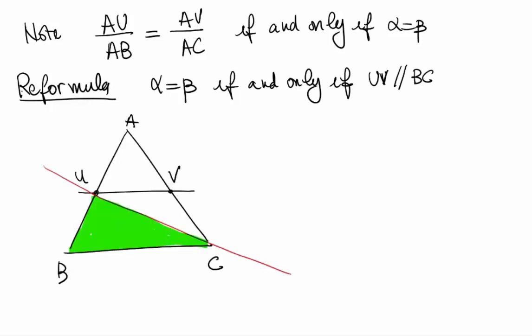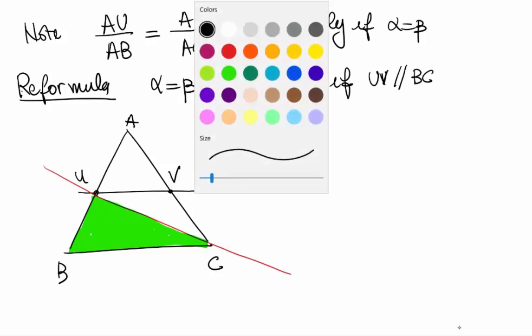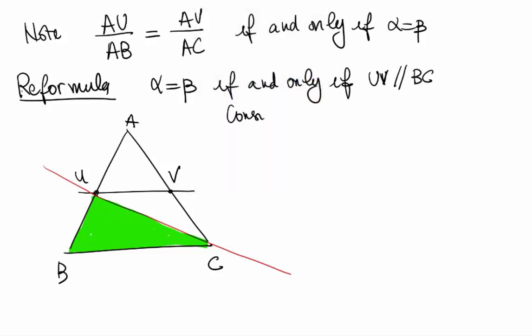Now, in our triangle ABC, we're going to draw the line UC, and then we'll consider the following two triangles. So we consider triangle UBC and triangle ABC. All right.